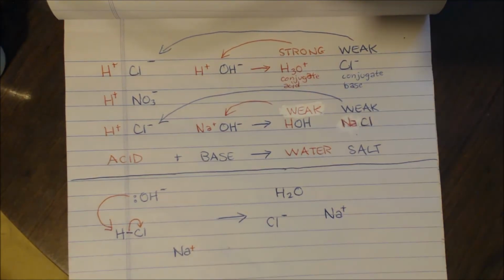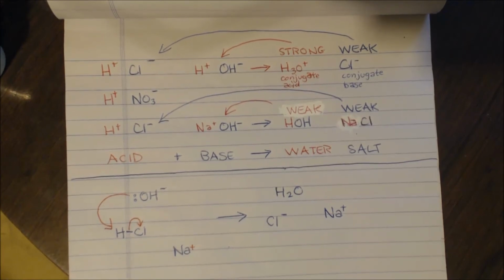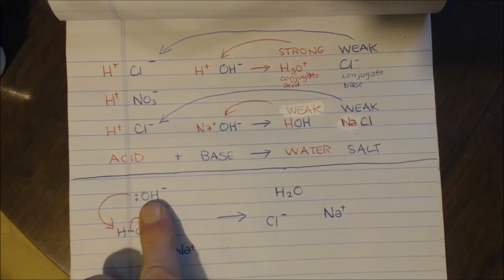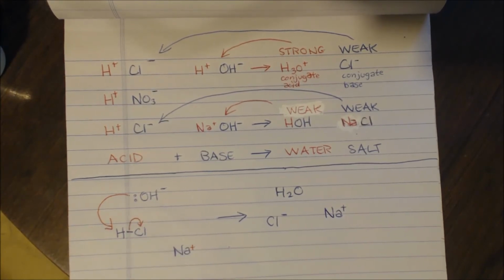In any reaction, you want to know where the protons are for acids, and you also want to know where the lone pair electrons are. See how there's lone pair electrons on these? Oxygen has lone pair electrons, so they're into a lot of reactions.